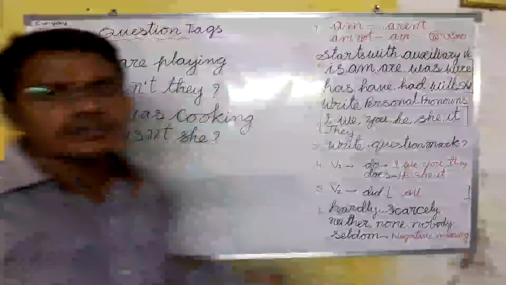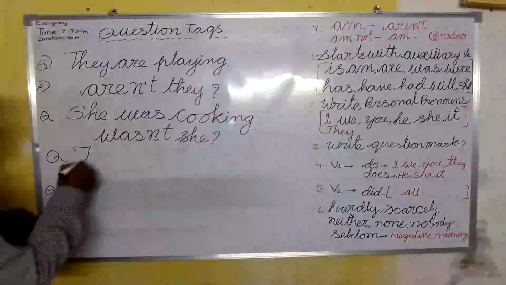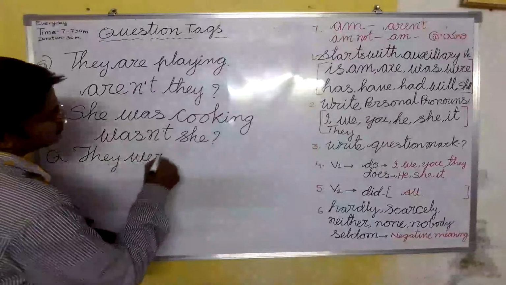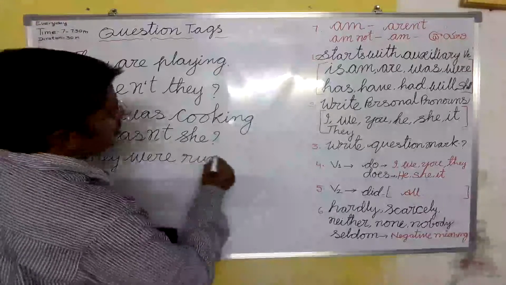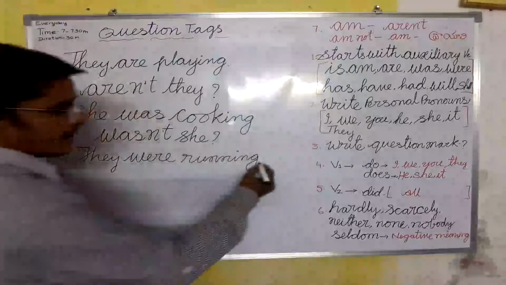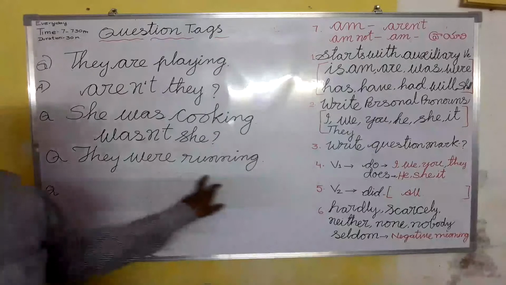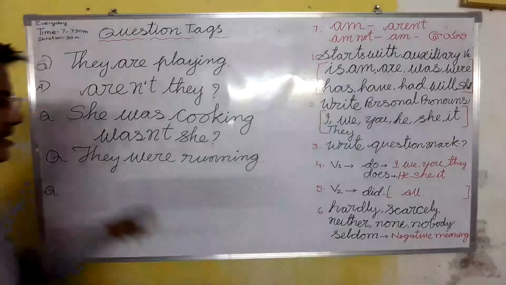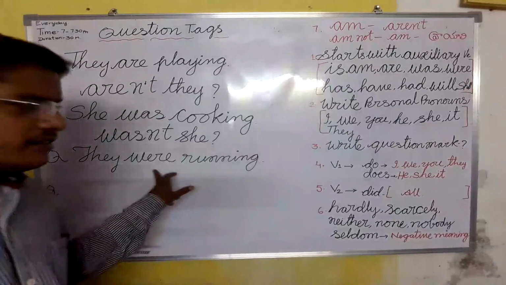We shall write with were also. Same question. They were running, R-U-N-N-I-N-G. What is the question tag for the sentence? See that the helping verb or auxiliary verb here is were.